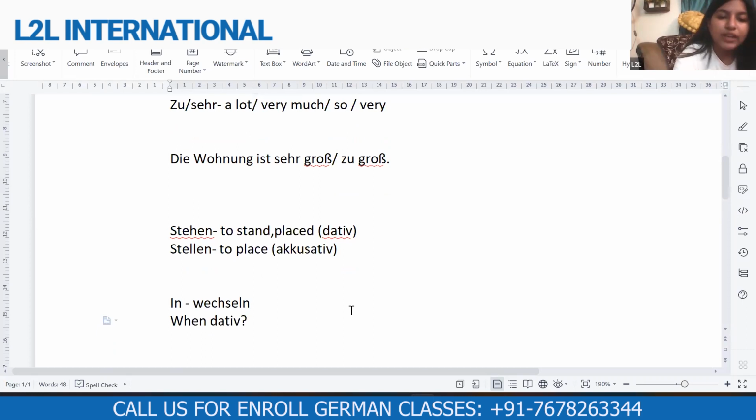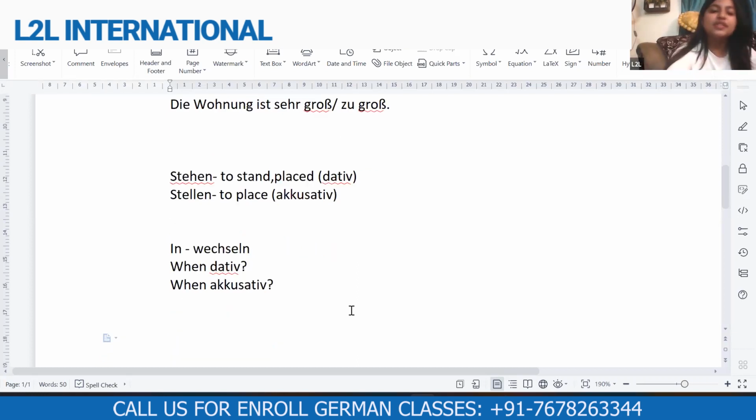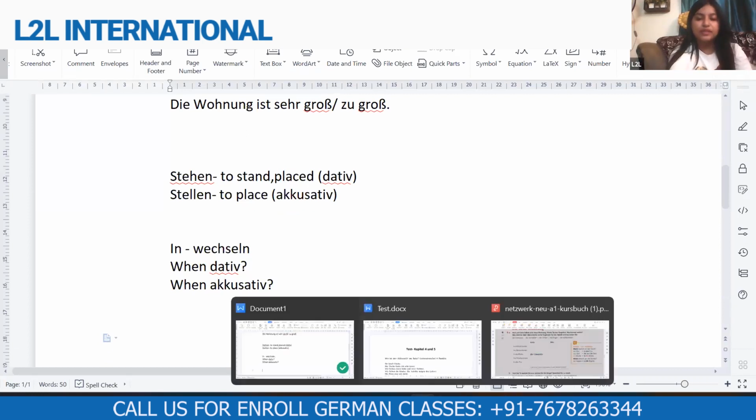In the last class we talked about the other prepositions: in, aus, von, zu, nach. If you're talking about a location, like I am in the bank, I am in the school, when there is no movement, it's just a constant location, we use in with dative.